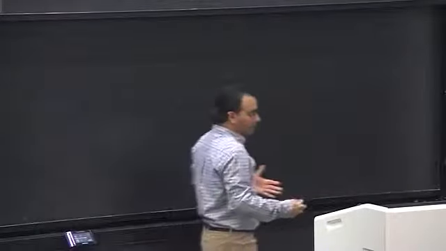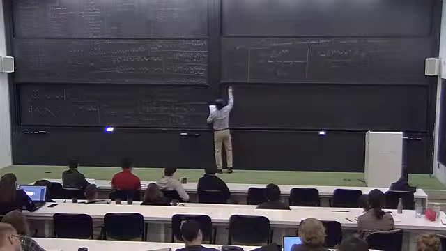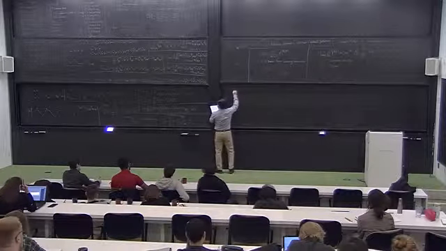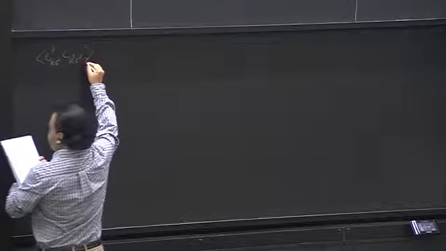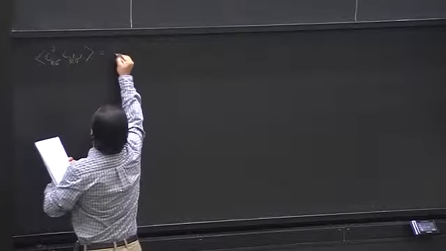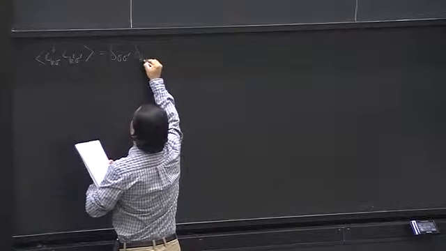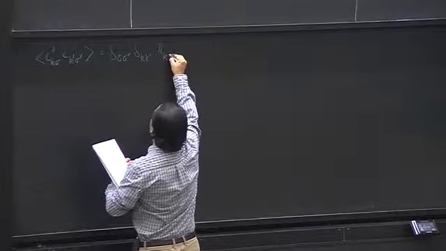I'm going to make some approximations so that I can move forward with the mean field theory. So what I'm going to do is assume that this expectation value, c_{k sigma} dagger c_{k prime sigma prime}, is delta_{sigma sigma prime} delta_{k k prime} n_{k sigma}.